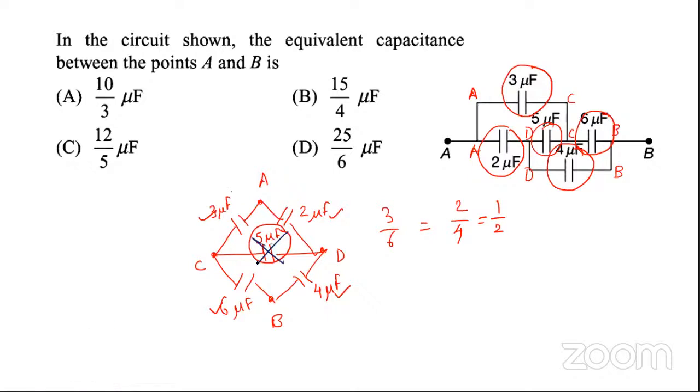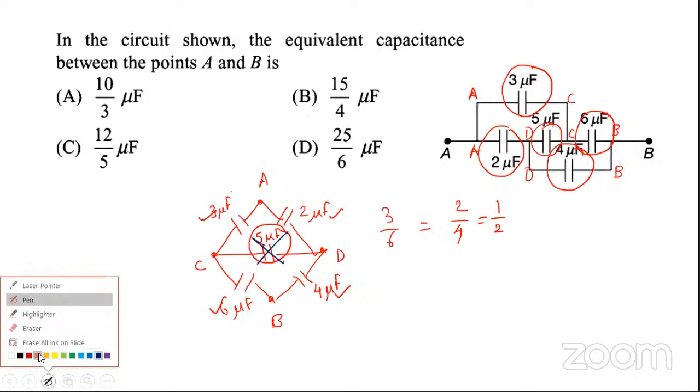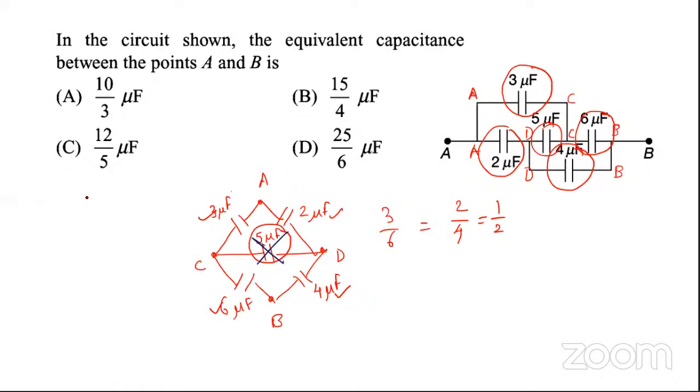So this capacitor can be removed from our calculation, and therefore our structure gets reduced to a much simpler one: 3 to 6 and 2 to 4, and we have to find the equivalent capacitance between A and B.